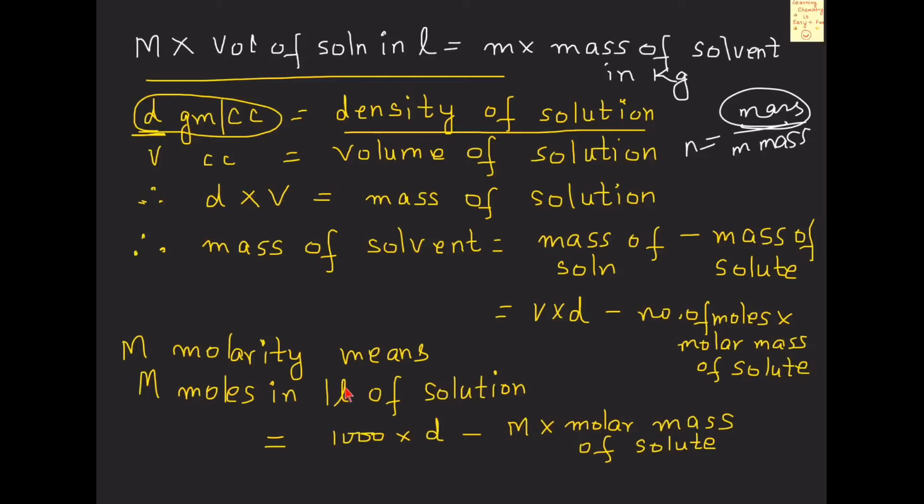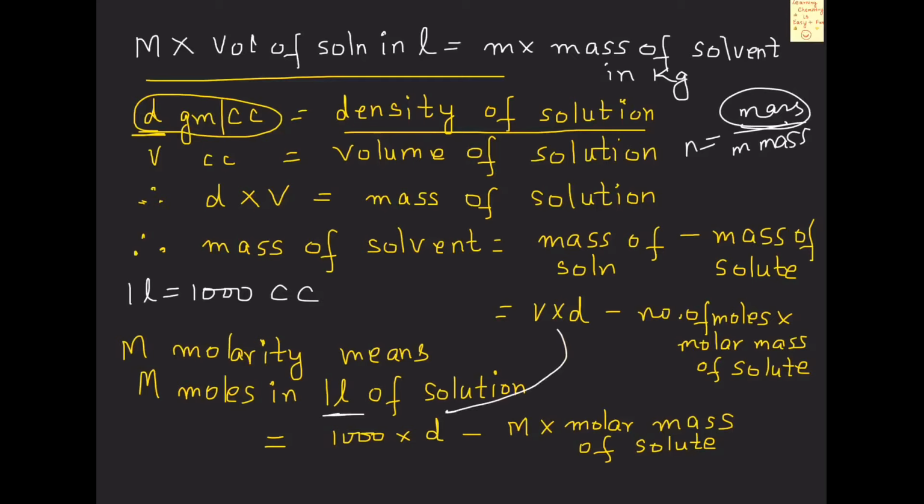So, we know the volume of the solution, that is 1 liter, but our density is given in per cc. And earlier I told you the relation between liters and cc, 1 liter is 1000 cc. So, 1000 into the density gives us the value of, yes, V into D. This is what we've got over here, volume into density.